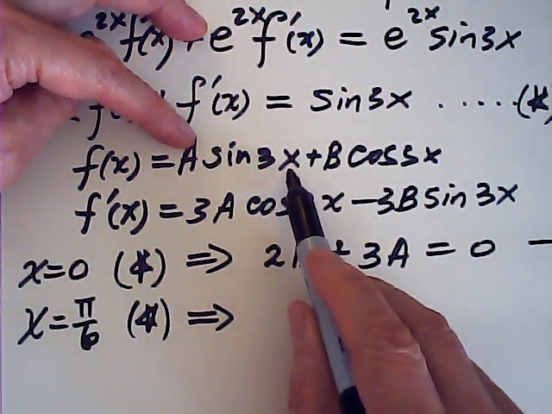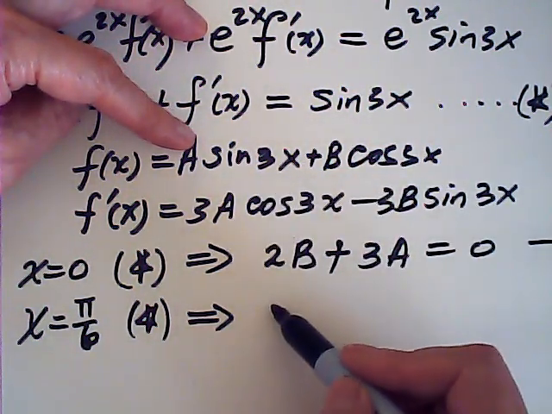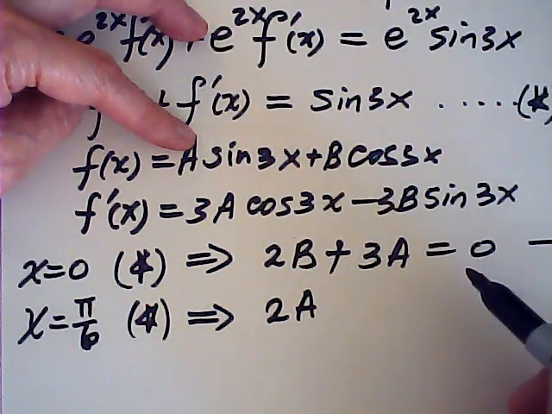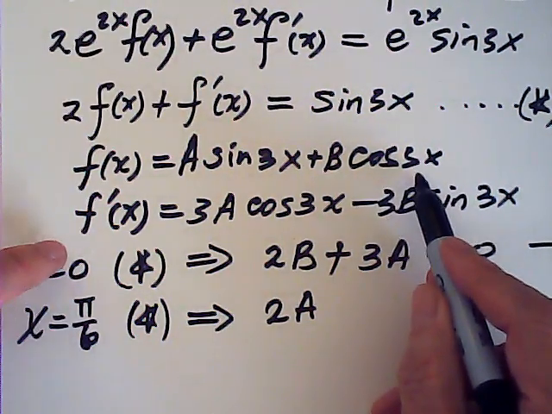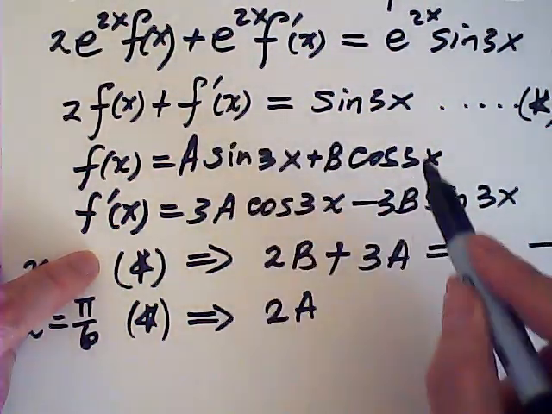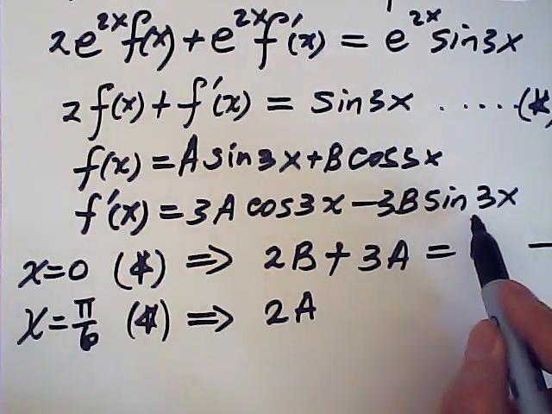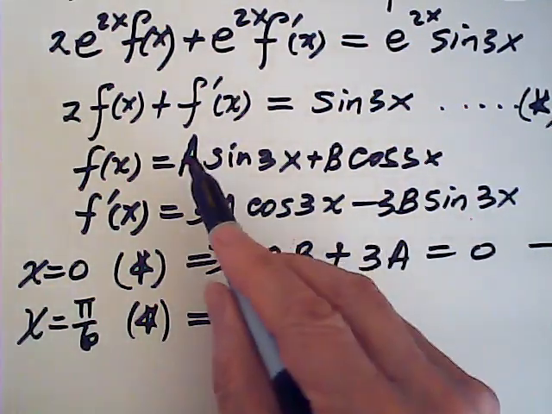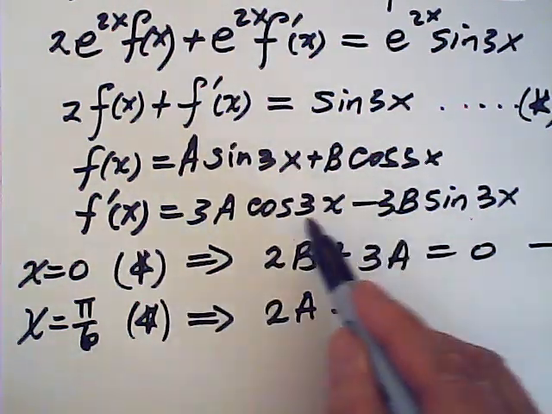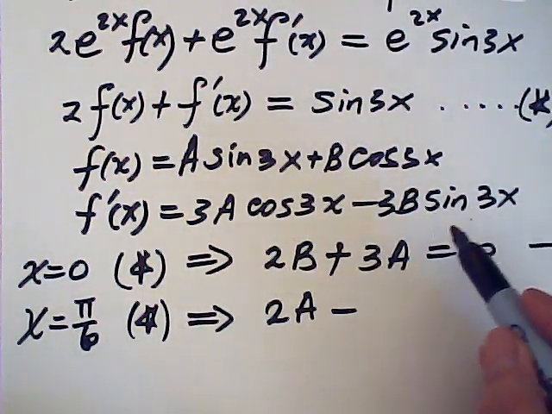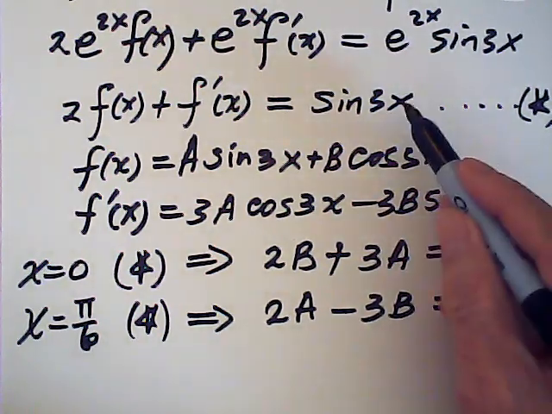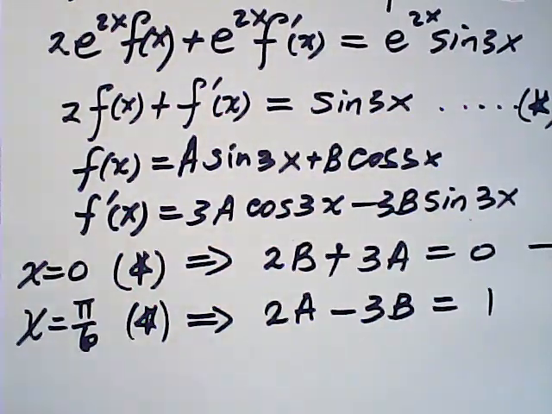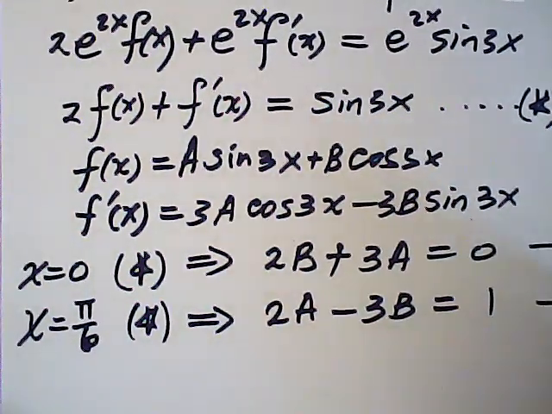Well, at pi over 6, this is 1, so 2 times a, plus f prime of x, this is 0. This is minus 3b is equal to 1, right? This is equation 2.